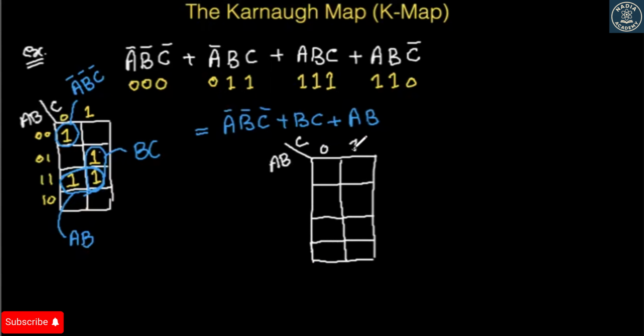A, B, and C. So 0, 1, 0, 0, 0, 1, 1, 1, 1, 0. Now, for an example, we have 1 over here, 1 over here, 1 here. And then similarly, we have 1 here, 1 here, and 1 over here.